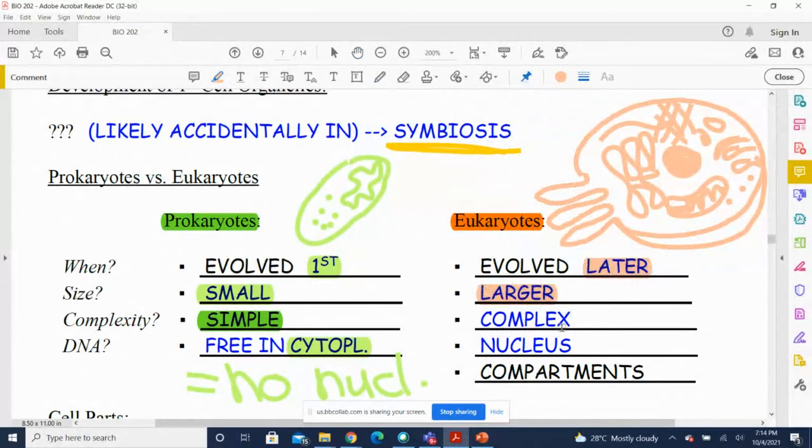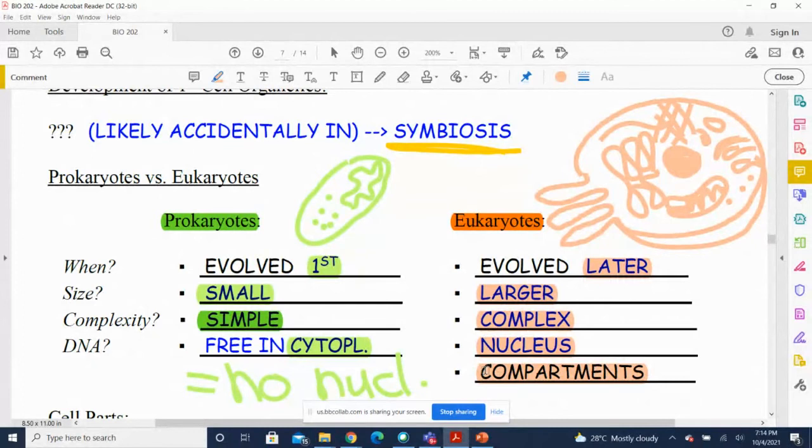Like I mentioned, they're larger in physical size, they are much more complex. We do now find a separate structure of a nucleus, so DNA is enclosed inside the nucleus, and there's a bunch of different compartments that form the cell organelles that we see.